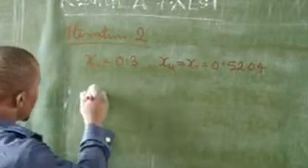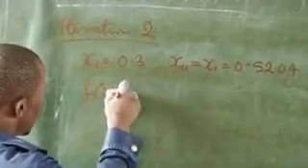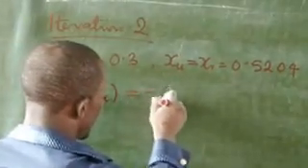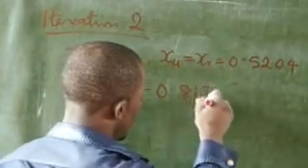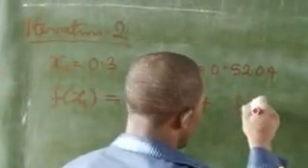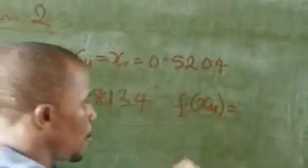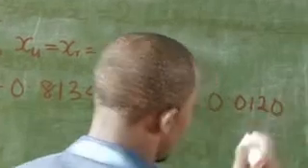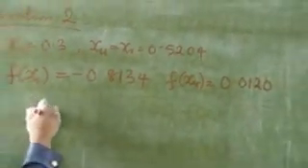With this, you find f of xl from our previous calculation is minus 0.8134, and remember f of xu will now become the f of xr, which is 0.0120. So with these values, you calculate the new value for xr.